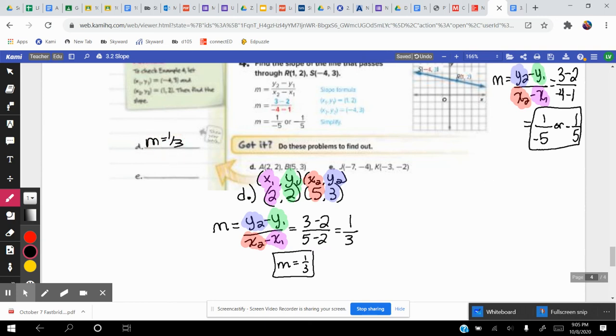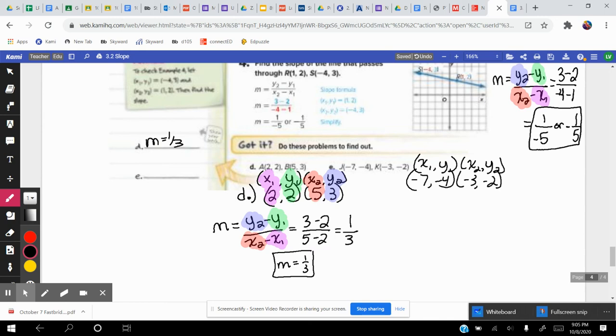Let's try letter E. J is at (-7, -4). K is at (-3, -2). Let's label these points. x1, y1, and then x2, y2. Whichever way you want to write this is up to you.